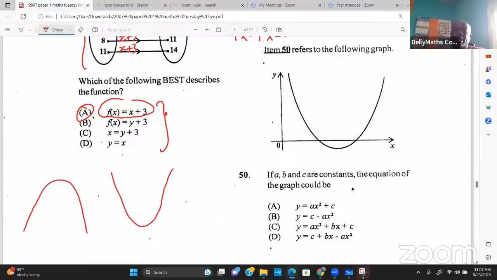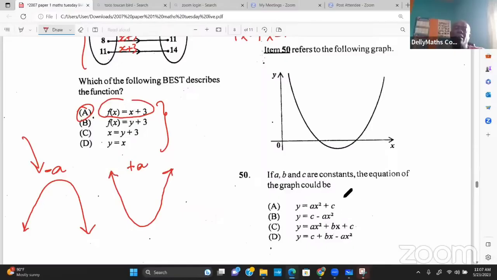Now, when your quadratic curve opens downward, it's a case where your A value is negative. And A is negative because we say that the curve frowns. So when A is negative, your curve will frown, like a frown face. When your A is positive, your curve smiles, like a smiley face.